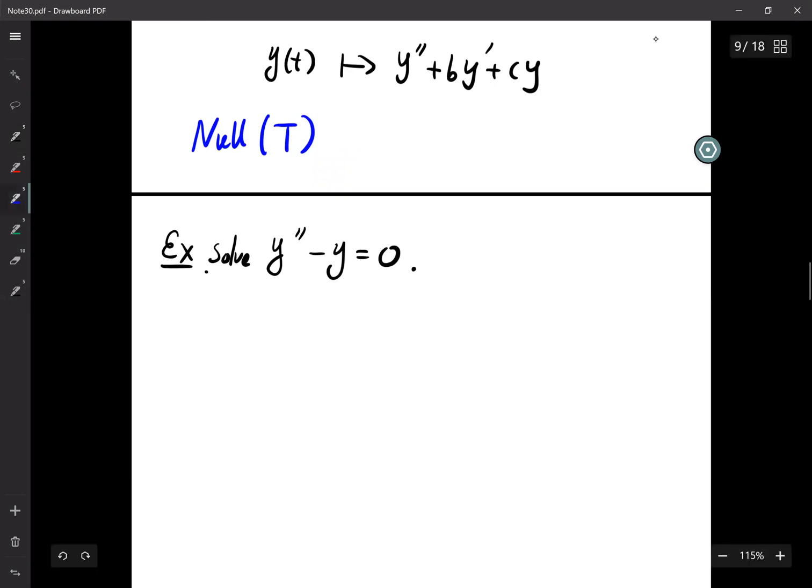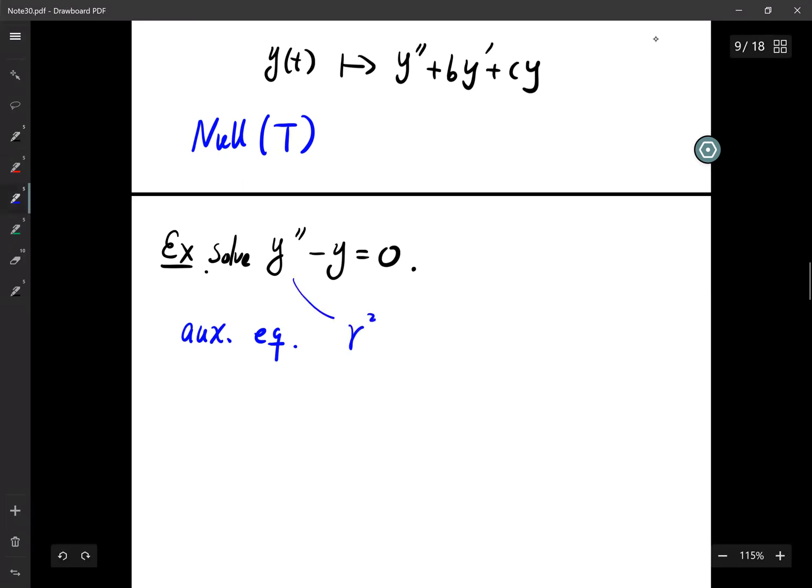The method is the so-called auxiliary equation. The auxiliary equation is very simple: you start from y double prime minus y. You just replace everything that has a derivative by a number, let's call it r.